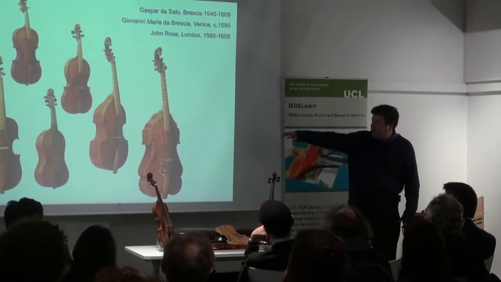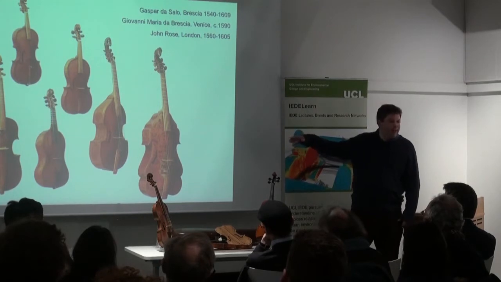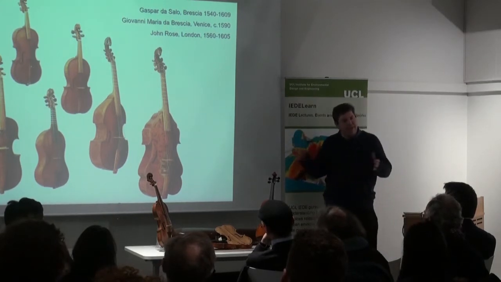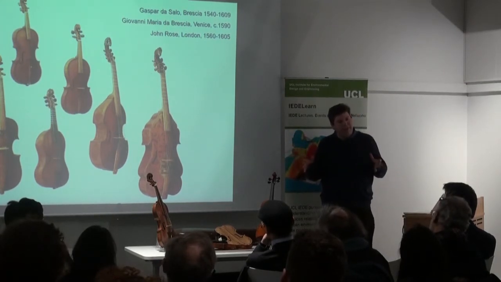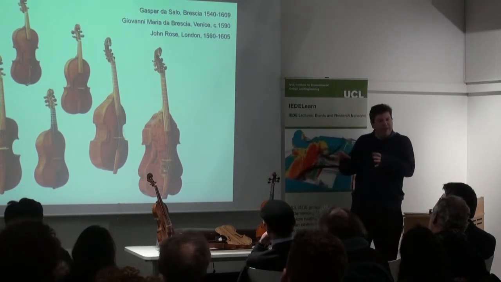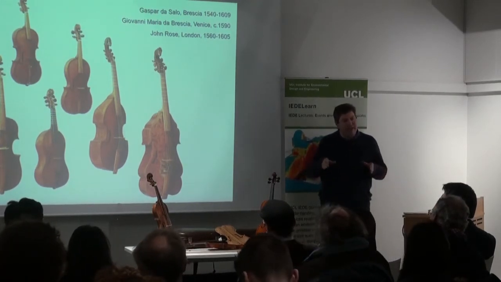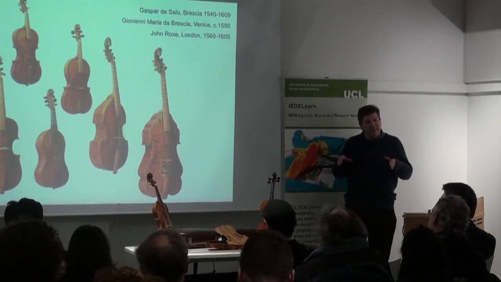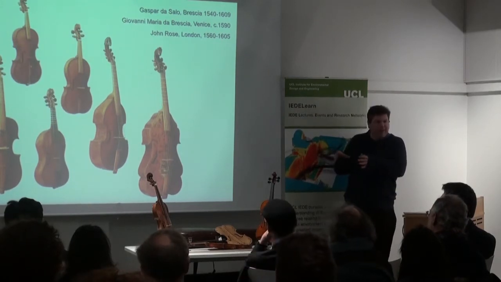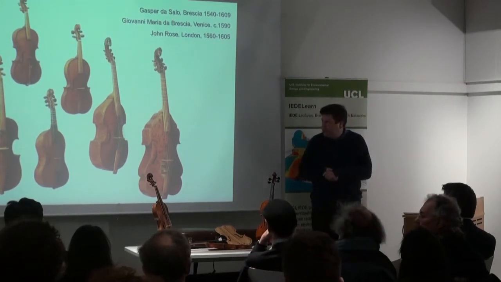And these two towards this side are made in London, showing a continuity of ideas: not just completely different shapes competing with each other, but also very high quality instruments being made throughout Europe.